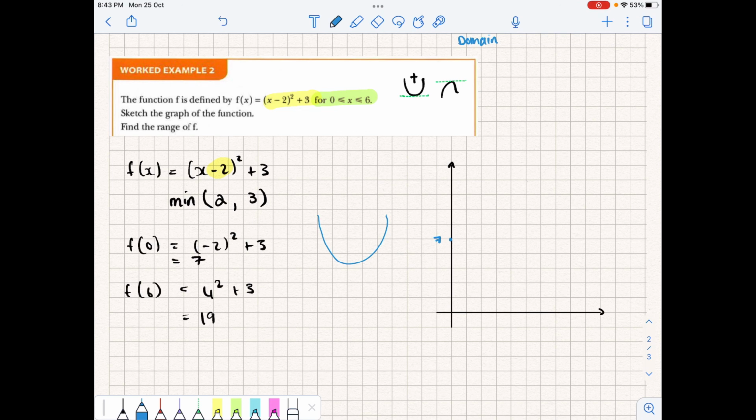We know the minimum point exists at 2, 3, so somewhere over here. And at the value 6, we have an output of 16. So that could be somewhere up here. 19, sorry. And now it's just a matter of joining the dots.